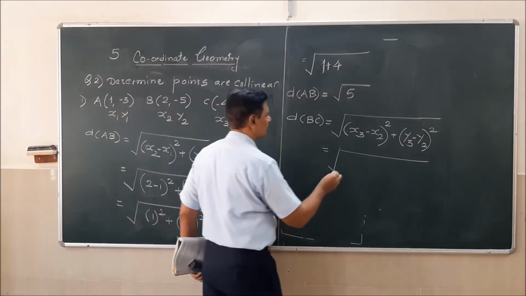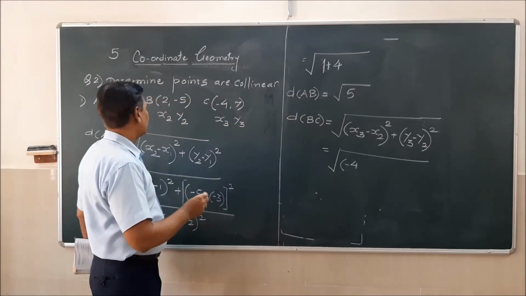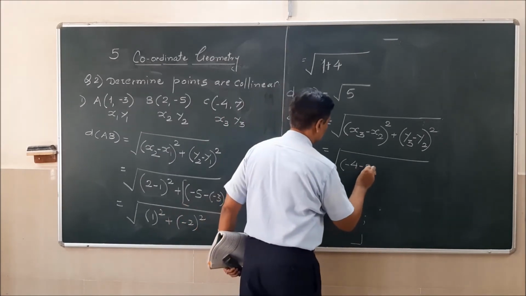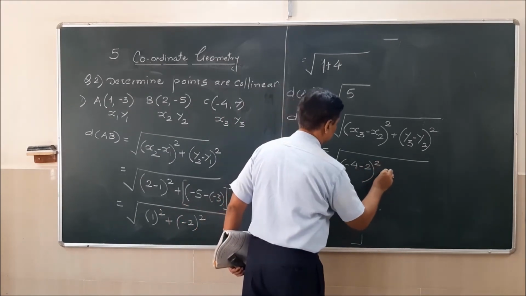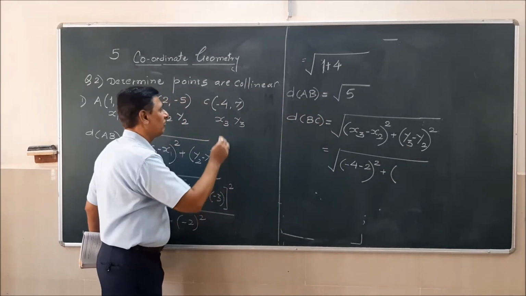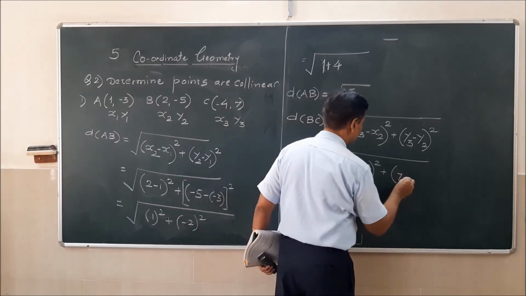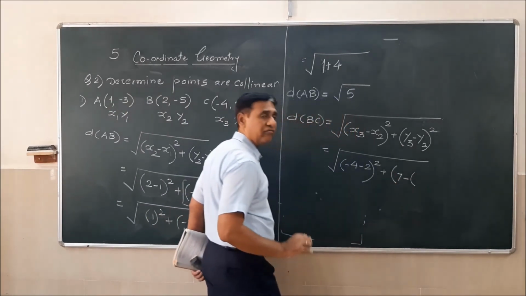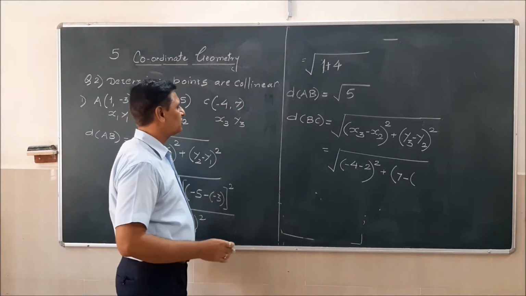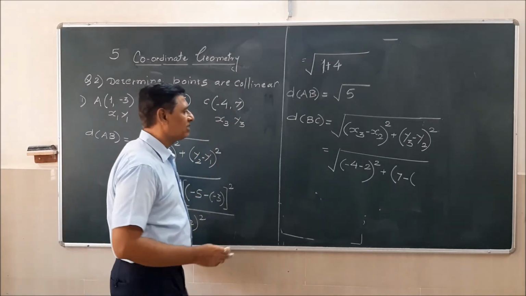So I write it as minus 4, the value of x2 is 2, minus 4 minus 2, the whole square, plus y3 minus y2. Now the value of y3 is 7. Be careful again. 7 minus the value of y2, which is also negative, so I will place a bracket and write it as 7 minus of minus 5.